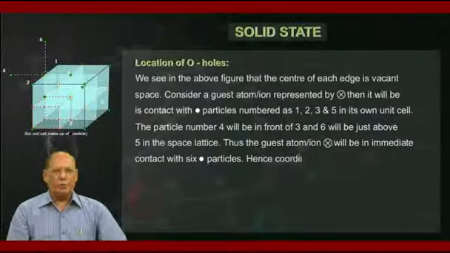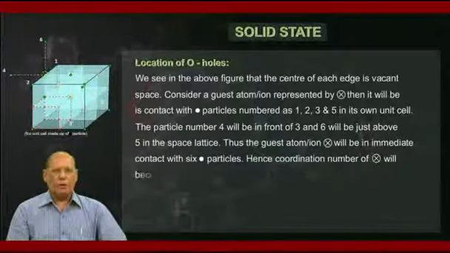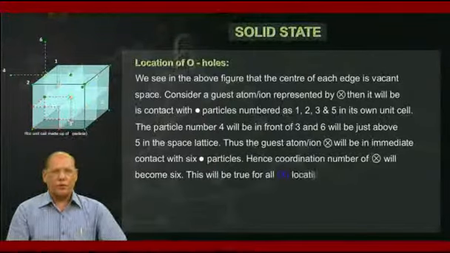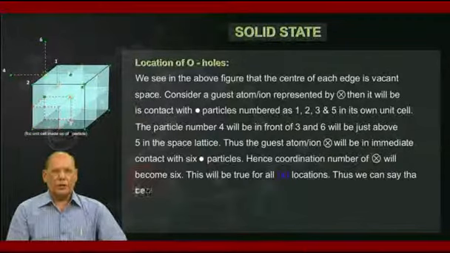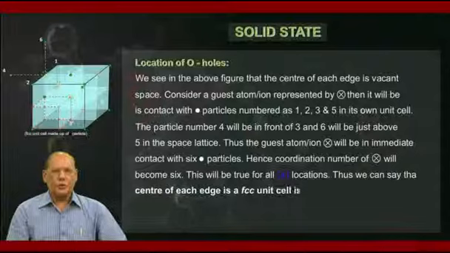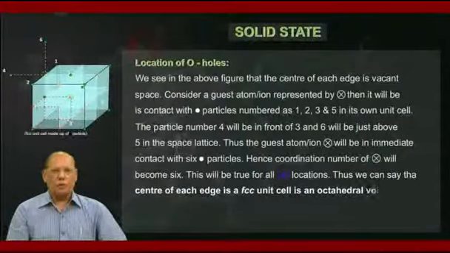Hence the coordination number of green X will become 6. This will be true for all X locations. Thus we can say that the center of each edge in an FCC unit cell is an octahedral void.